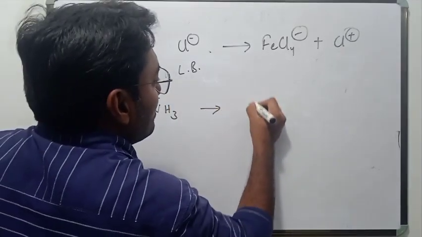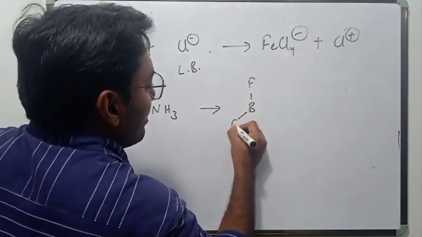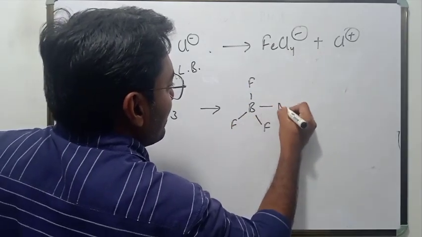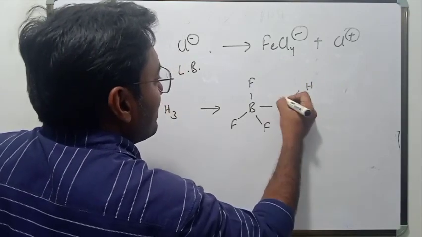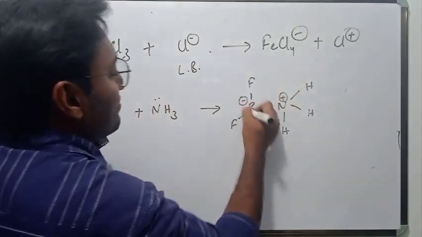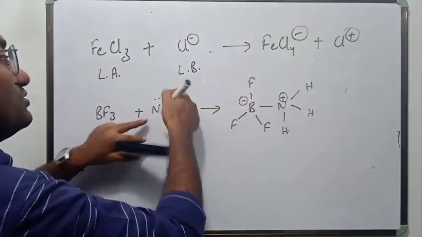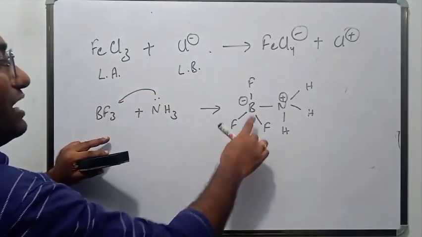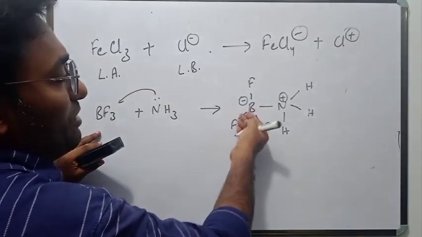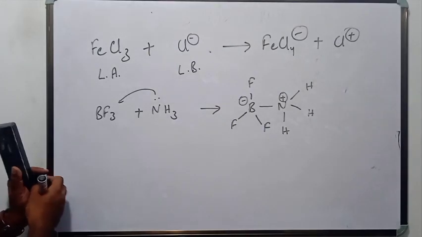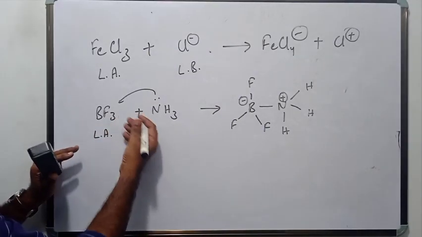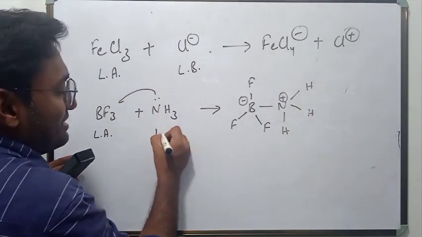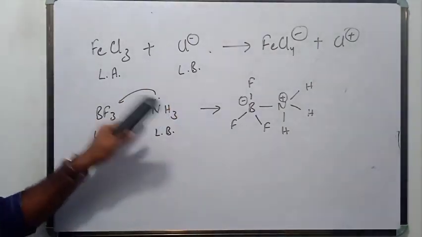B, F, F, F, N, H, H, H, with N positive and B negative. Positive because nitrogen has donated its pair of electrons, and negative because boron has accepted a pair of electrons. So which is the Lewis acid? This is the Lewis acid because it has accepted a pair of electrons. And what is the base? This is the Lewis base, because it has donated a pair of electrons.